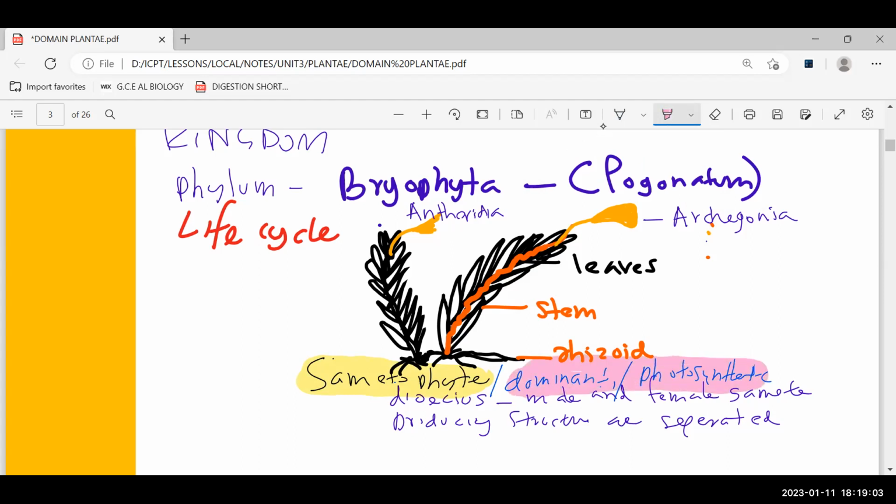And the gametophyte has gametangia, that is male antheridia and archegonia. So we can see a plant like this. These are the gametangia and the gametes, and we see how it looks as a plant.